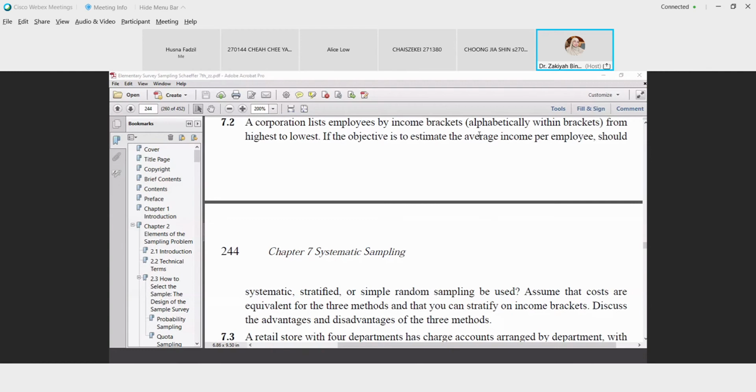Let's say systematic sampling. A3? We almost had full attendance. I'm sure we have an A3 representative here. Hello, A3. You can type or you can unmute to answer 7.2.